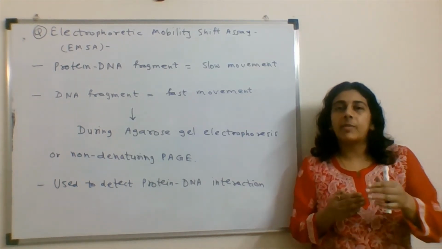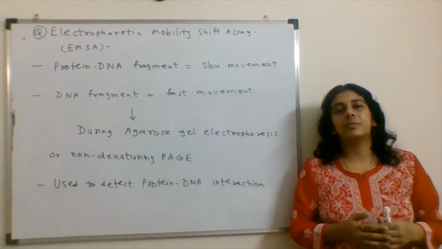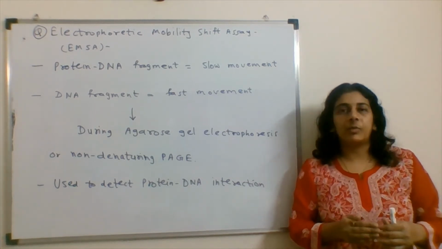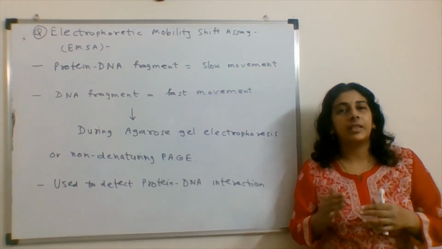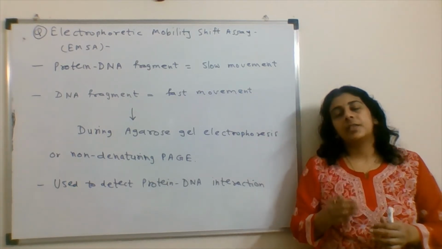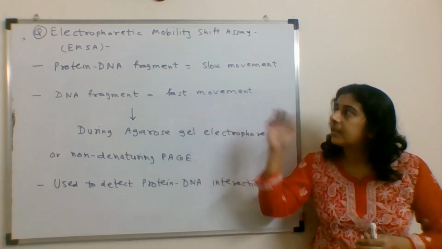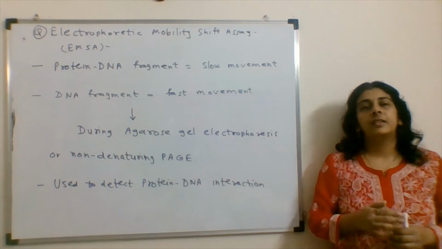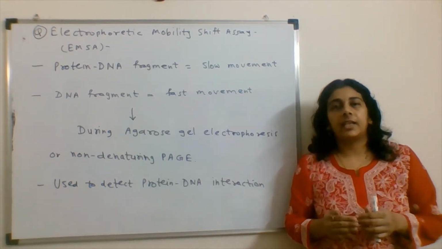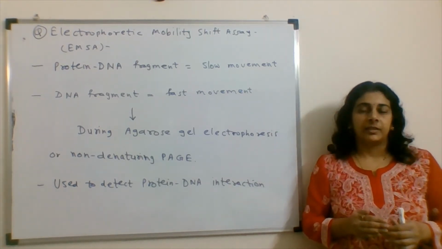When the protein is bound to DNA and the complex is moving, it has a slow mobility as compared to DNA alone. So this principle is used in this EMSA, and here the protein DNA interaction is determined.